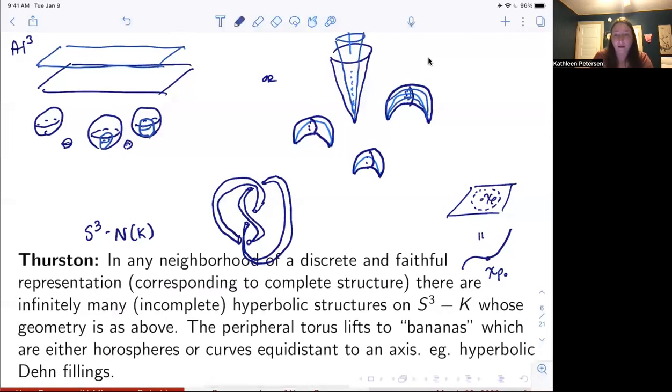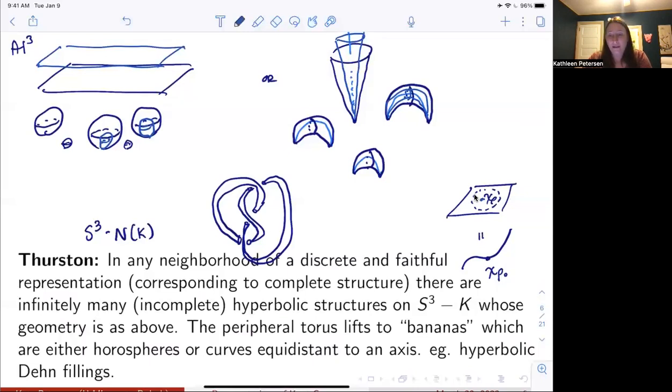This neighborhood here, I think you can see my cursor, I hope so, of a discrete and faithful character. And in particular, there are an infinite number of hyperbolic structures that look like this that correspond to Dehn fillings.